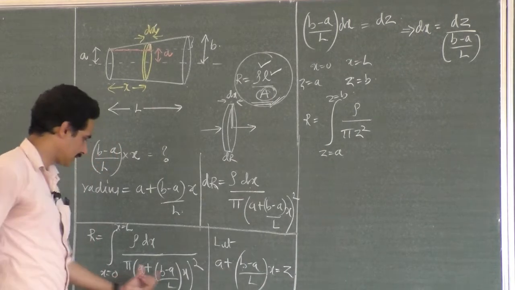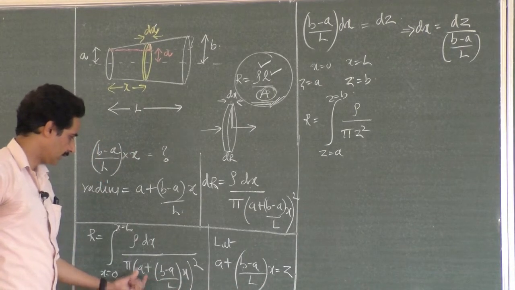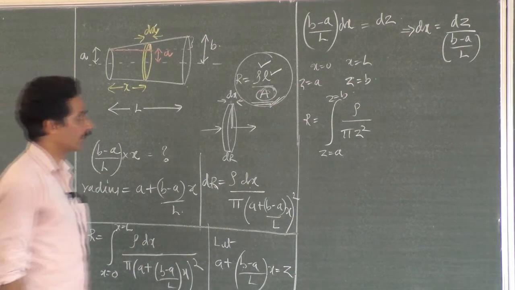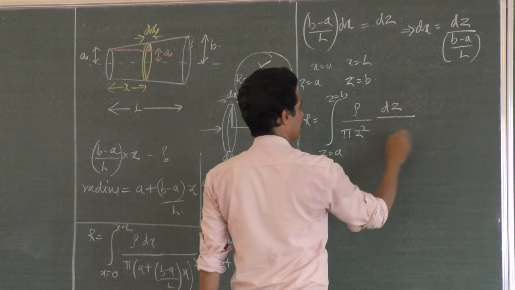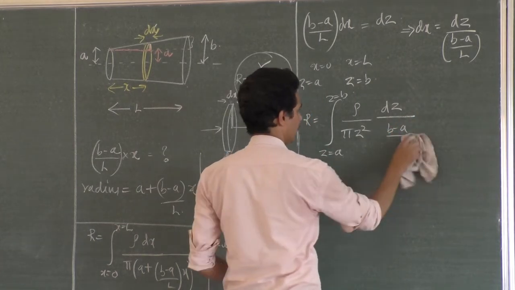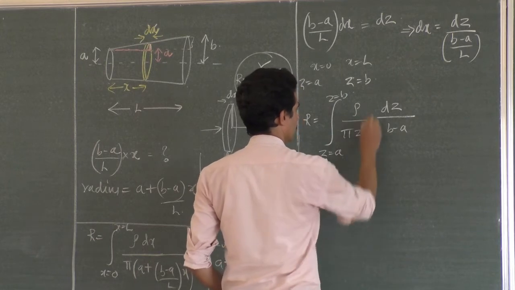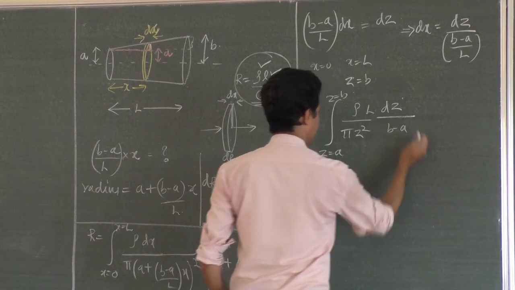This is pi z square, because the whole thing is taken as z, and instead of dx you have to write dz divided by (b − a)/L. So shall I write that (b − a)/L here? This L goes to the numerator, so b minus a.